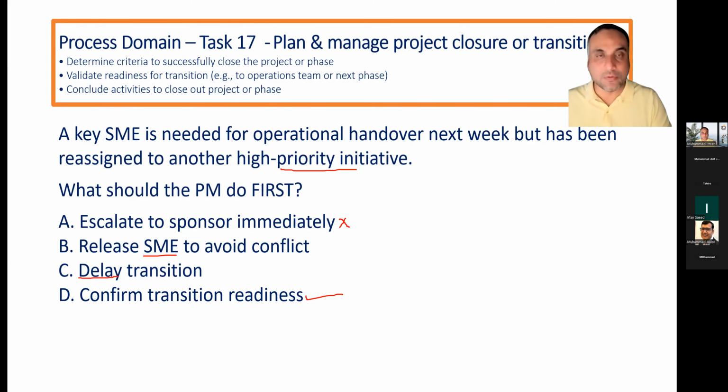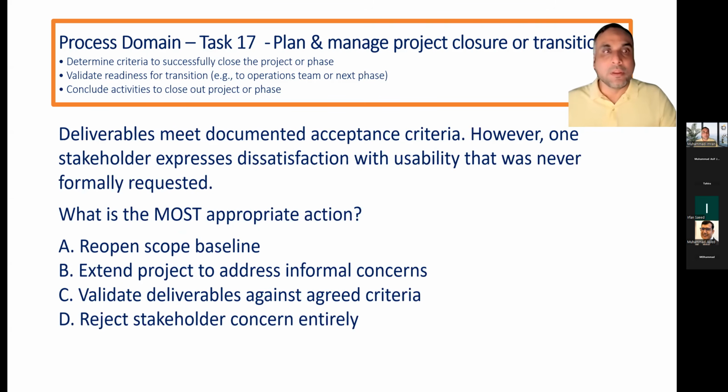Very good. Next, deliverables meet documented acceptance criteria. However, one stakeholder expresses dissatisfaction with usability that was never requested formally. Verbally, they might have said, but verbal things are easily forgotten. What is the most appropriate action? Reopen scope baseline, extend project to address.